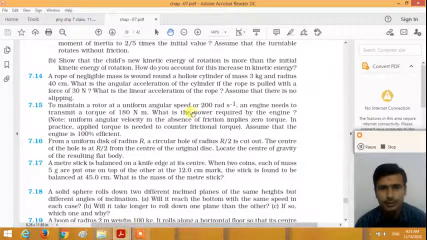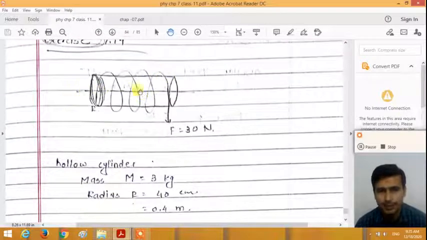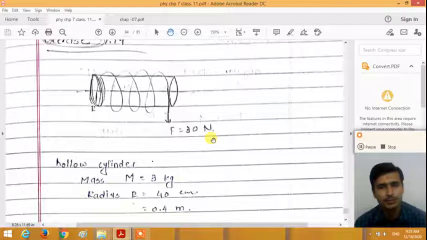So here hollow cylinder of mass 3 kg is given to you. Let us see the solution. Hollow cylinder of mass 3 kg and radius 40 centimeter, that is 0.4 meter. A rope of negligible mass is wound on the hollow cylinder and 30 Newton force is applied to the rope.